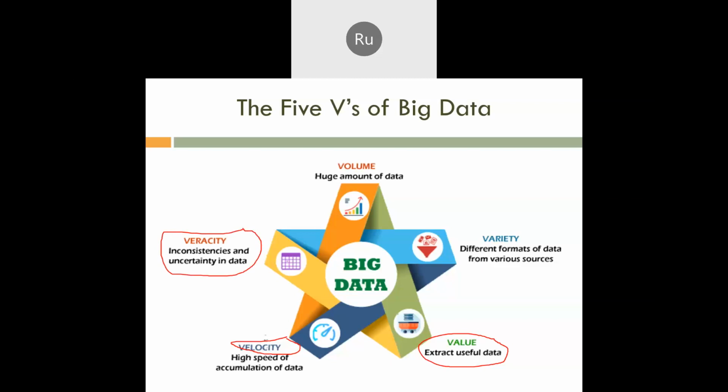So by the time we have to make a decision, we have to look at what is the current information that we have. How do we verify? How do we validate the data that we have? These are the 5V of big data. So you should be able to define what is big data.